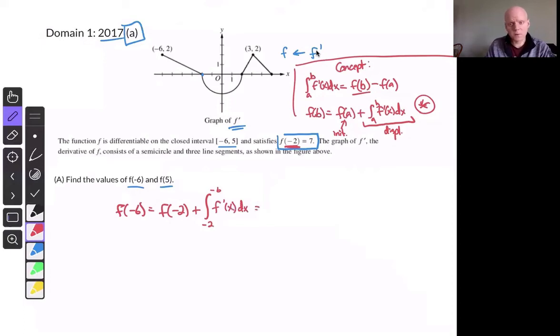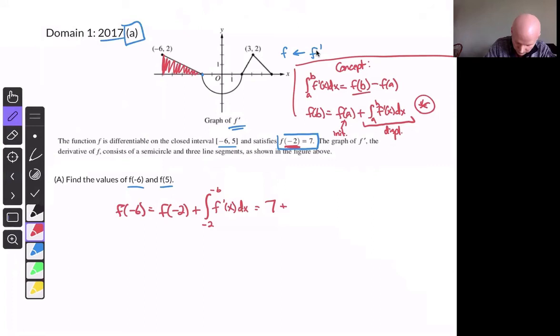And I can plug some numbers into this because I do have some information. I know that f of -2 is 7. And then the integral from -2 to -6 of f prime is this area right there.